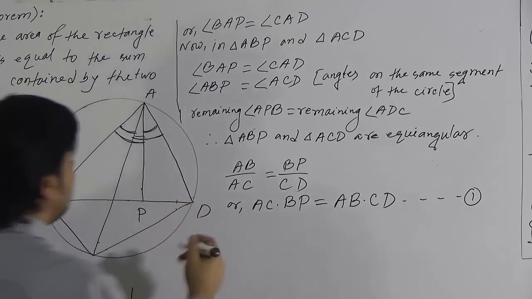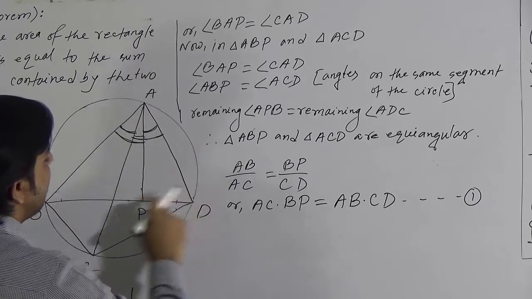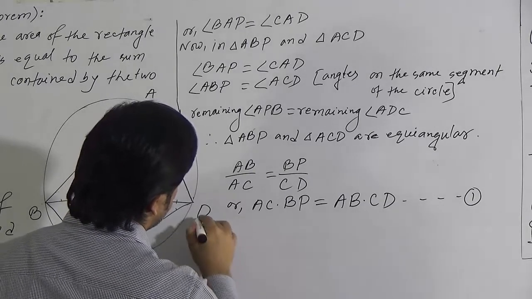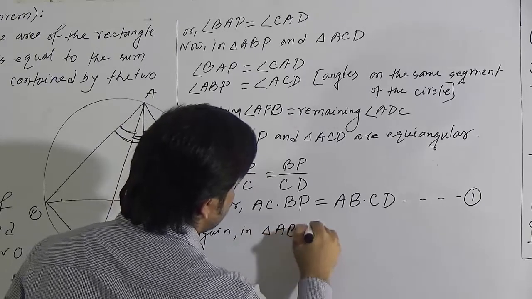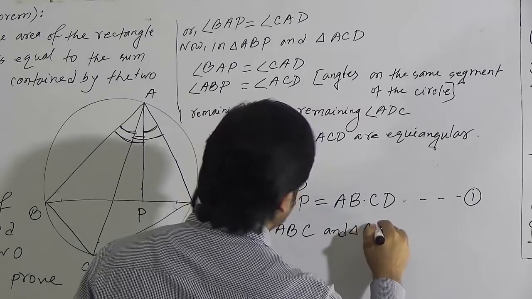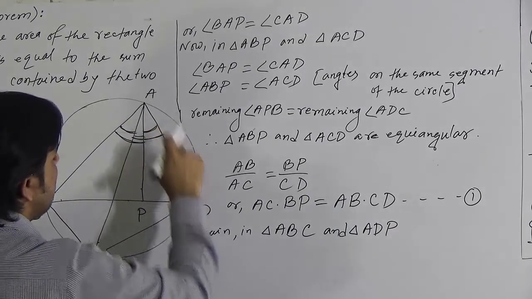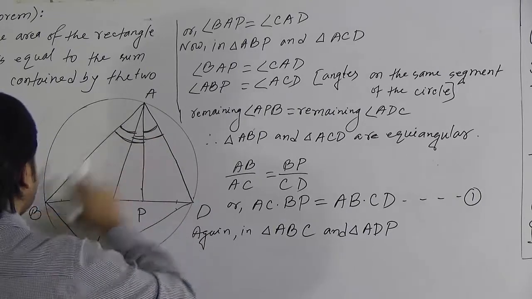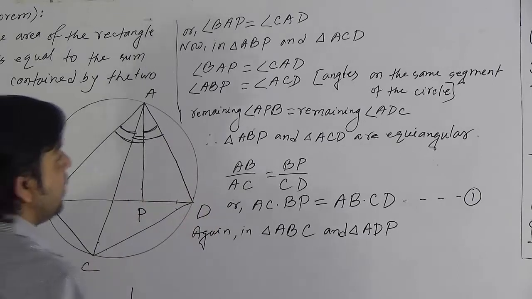In triangle ABC and triangle ADP, we can say angle BAC is equal to angle DAP.